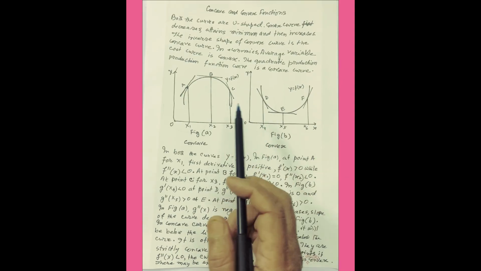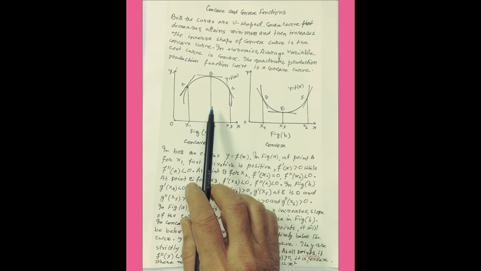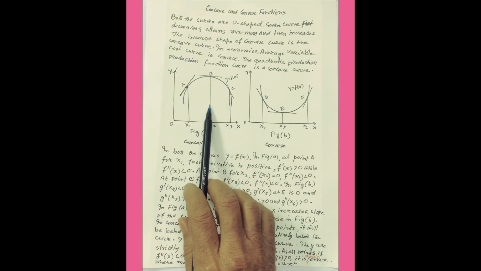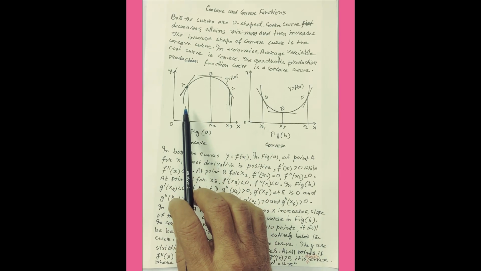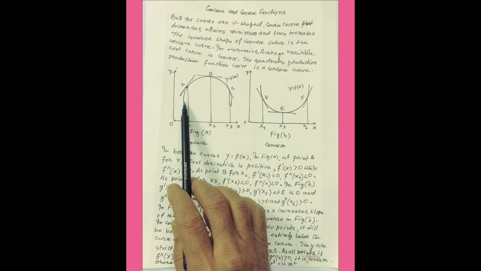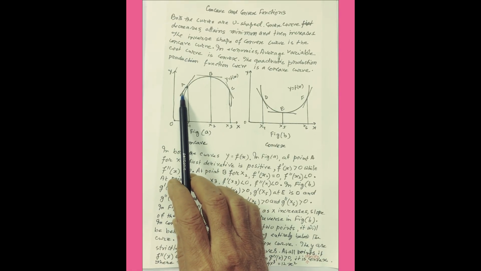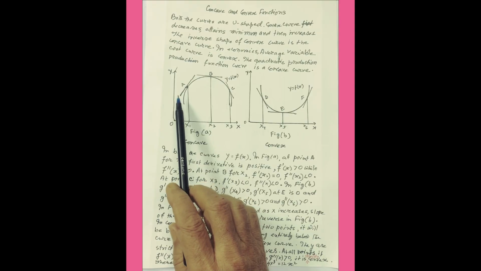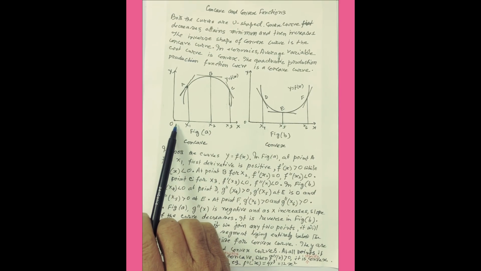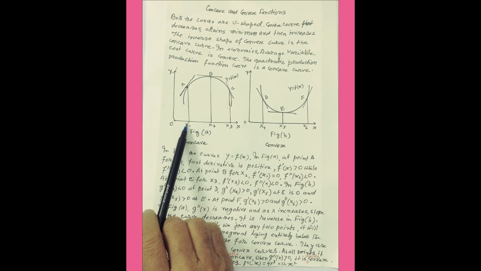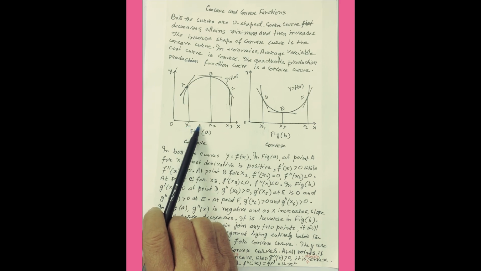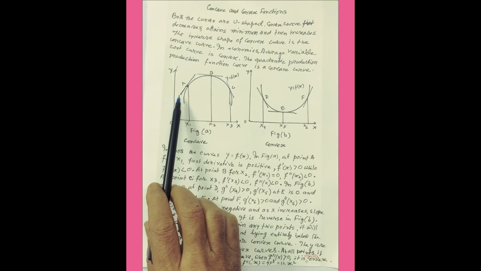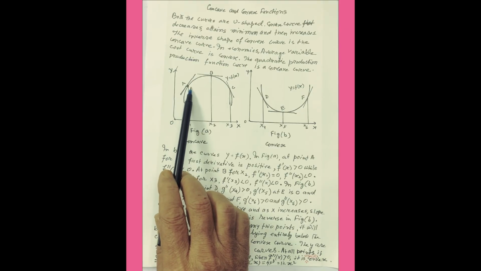Then the inverse of this, the inverse of the convex curve, is the concave curve. So in this, it is the inverse. First, it increases at a decreasing rate. So when x gradually increases, y will increase, but at a decreasing rate.